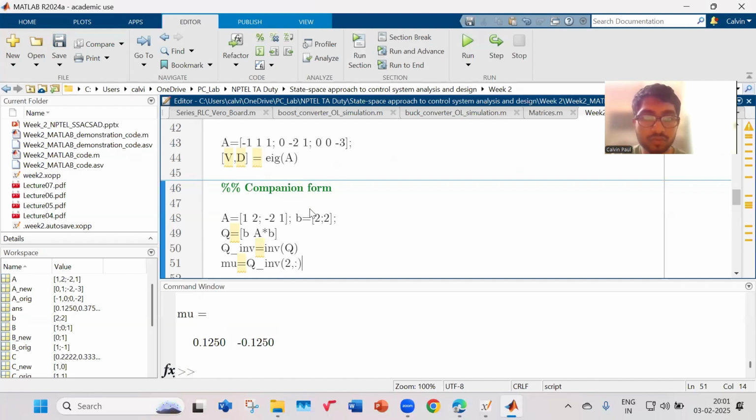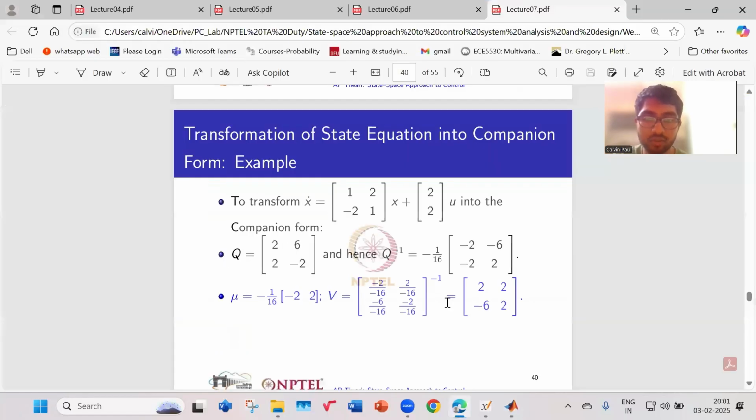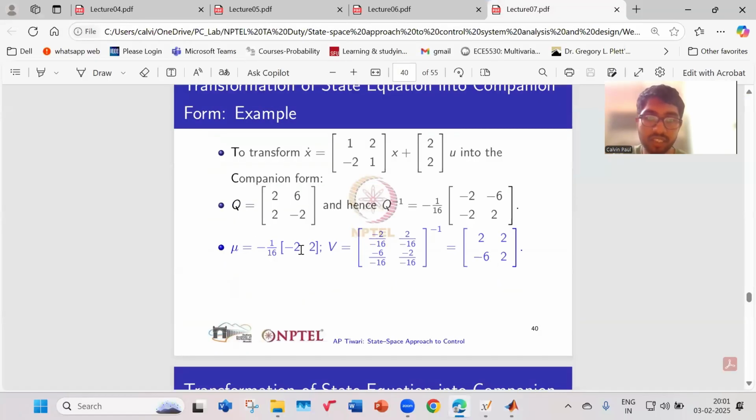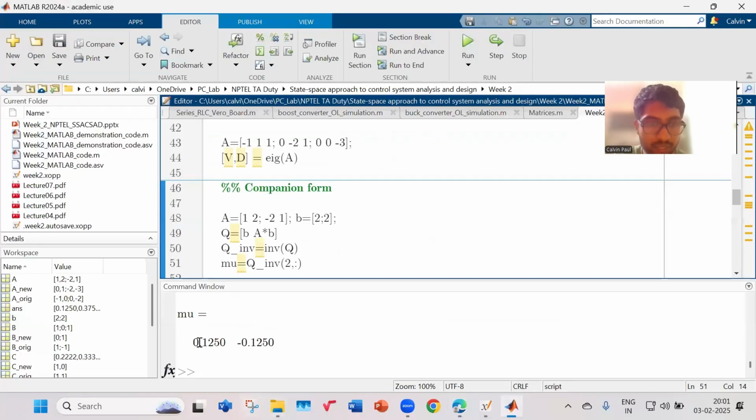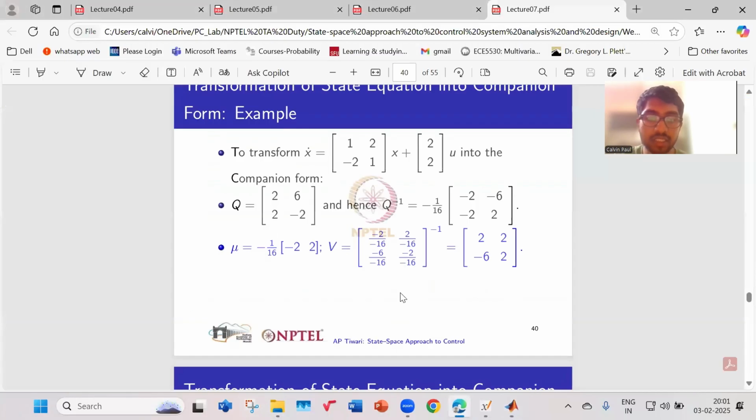This is mu we got, and this is the mu they have also got. We have got 1 by 8 and minus 1 by 8. Here we have 1 by 8 and minus 1 by 8. See, correct.